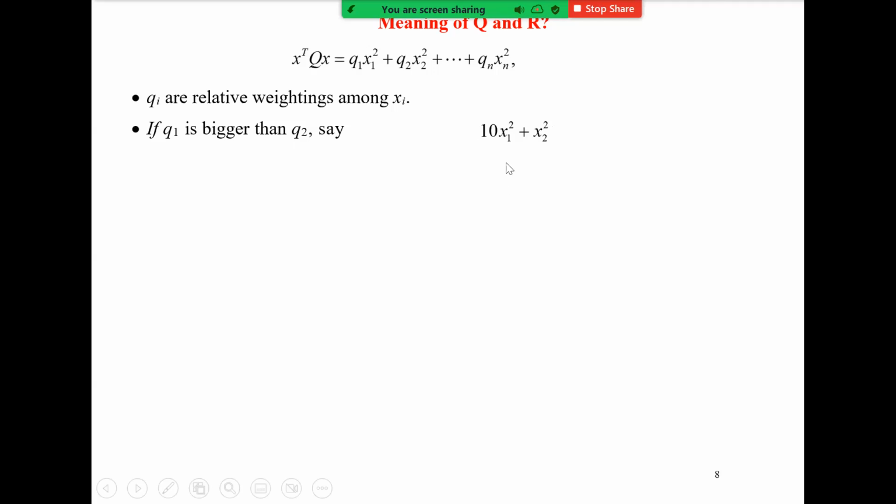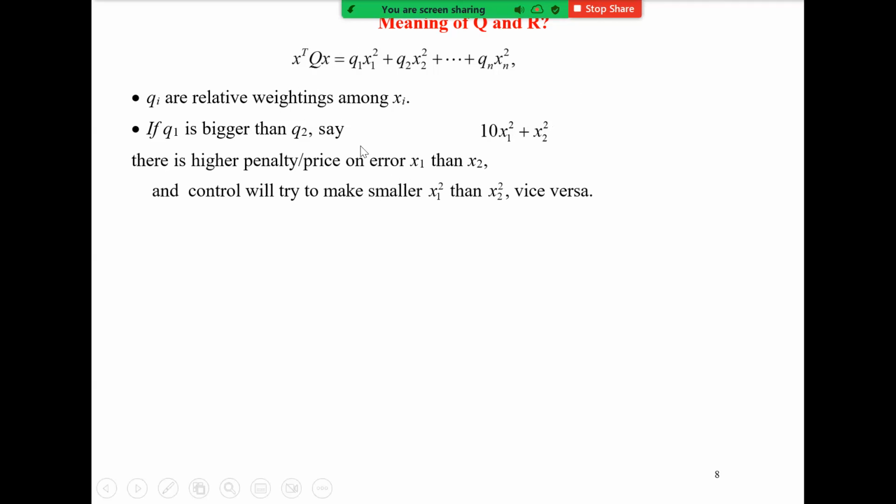If x1 equals 1, in this cost function it becomes multiplied by 10. If x2 equals 1, it is still 1. So you want to make x1 much smaller than x2, because it has more impact on the total cost.